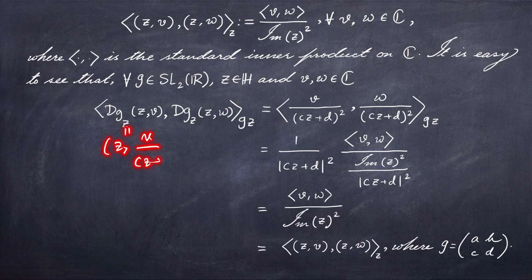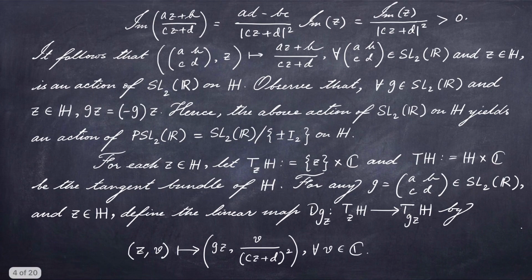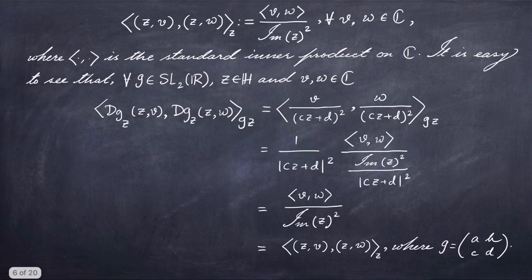v over (cz+d) squared, and similarly this is also nothing but w over (cz+d) squared. Let me remind you that this is how they are defined.